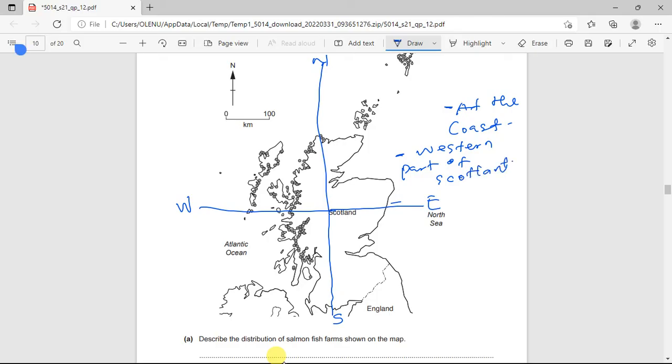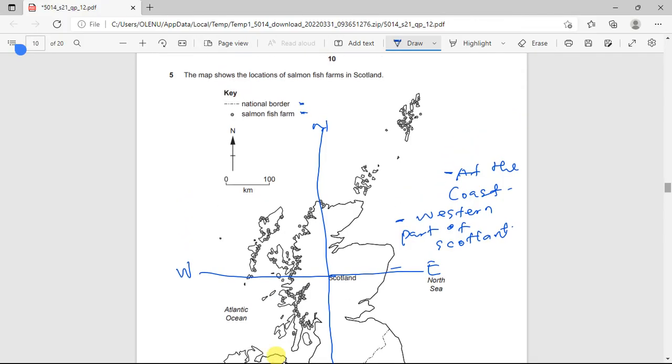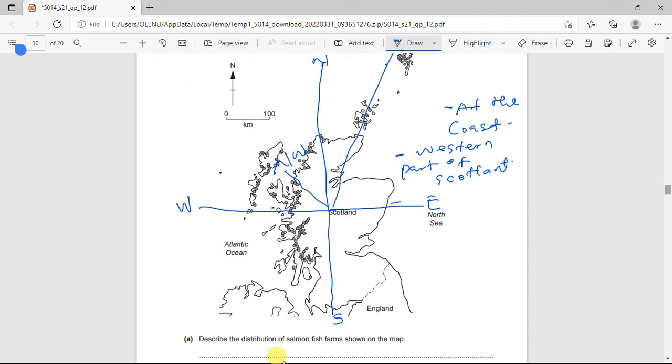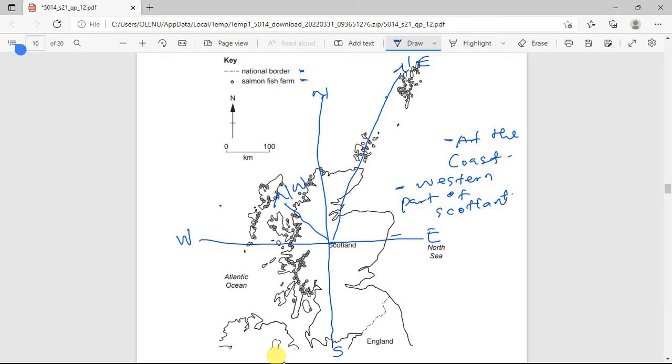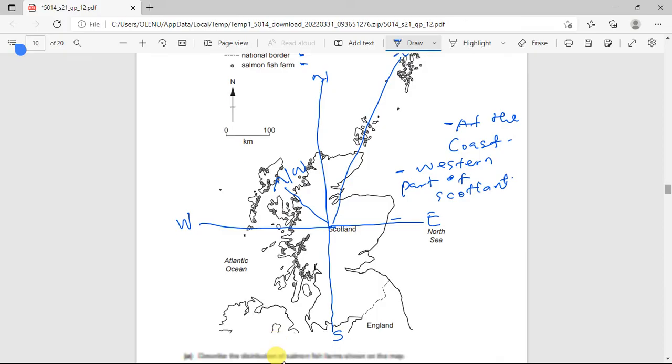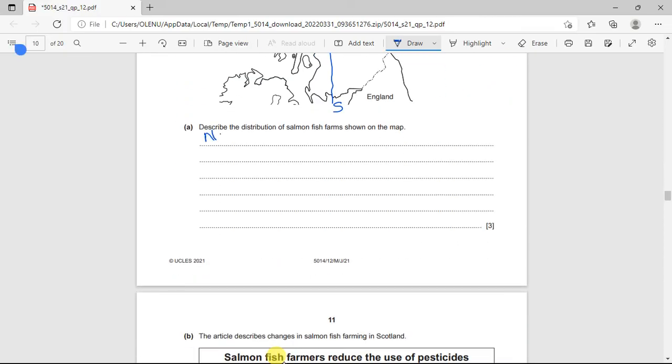Now, if you also go up, you will find that you can also find them in this area around the northeast, and this part here is the northwest. So it's found within the northeast and northwest regions: this one is the northeast region by the North Sea, and this is the northwest region by the Atlantic Ocean.